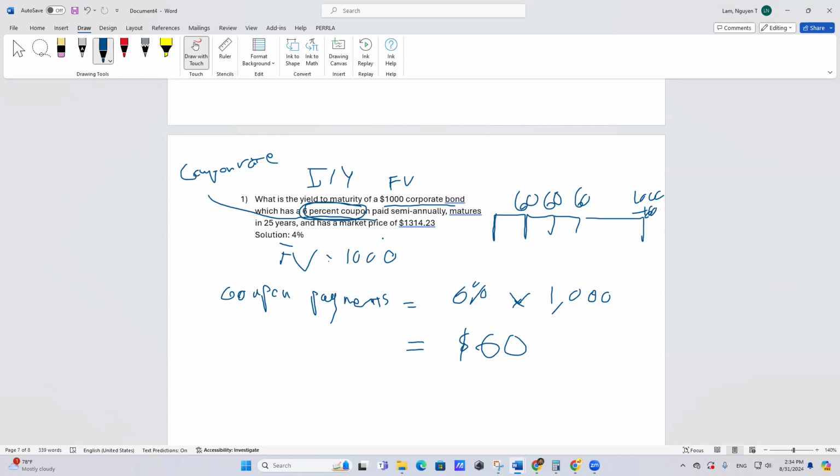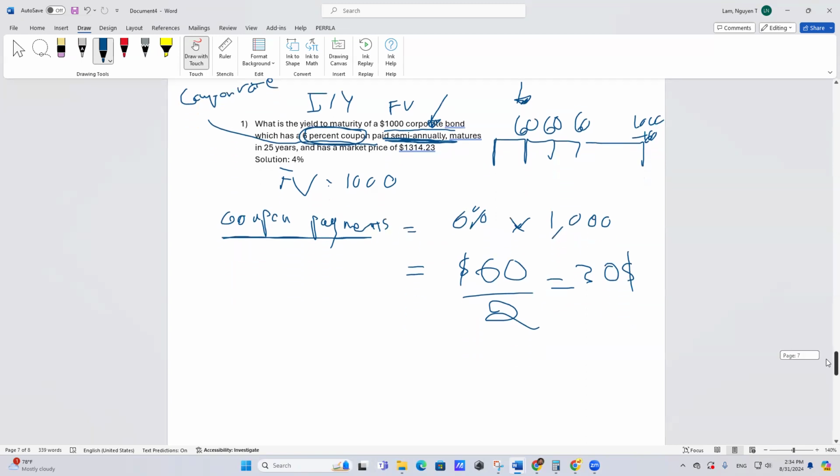Okay. However, more interestingly, do you see semi-annually? Right. So that means you divide this by 2, because this 60 is for a year. To find the semi-annual payment, which means half a year, you just divide by 2. So 30 is the coupon payment, right?